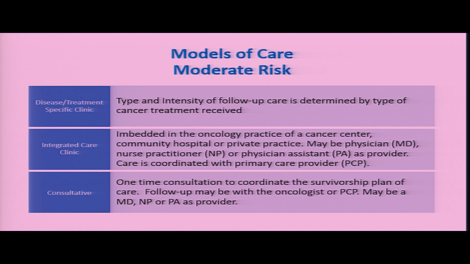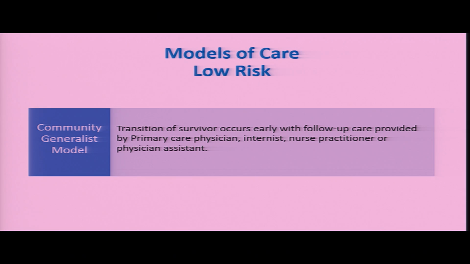But most patients really have moderate risk for problems going forward, and can fit into the models of care described on this slide: the disease-specific ones often provided by nurse practitioners and physician assistants, integrated care, which is ongoing care embedded in the oncology team, and the consultative model, which is often employed for the delivery of the treatment summary and care plan.